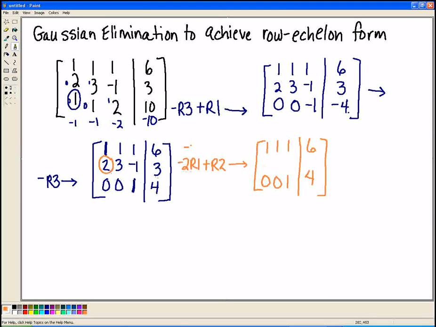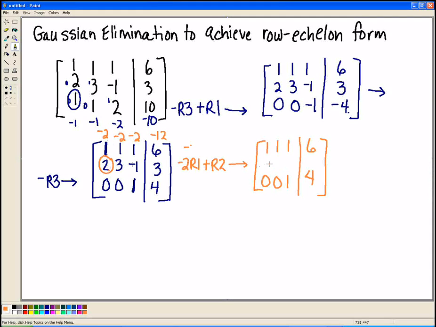I'm going to multiply the first row by -2 and add it to the second row. Okay? So this first row is going to become -2, -2, -2, -12. And now I'm just going to add it to the second row.